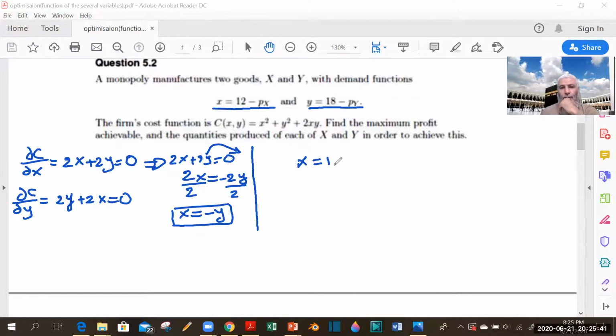X equals 12 minus Px and Y equals 18 minus Py. So X is equal to negative Y, so this is equal to negative 18 minus Py. Now we don't have a solution.